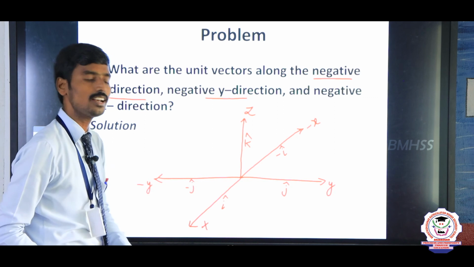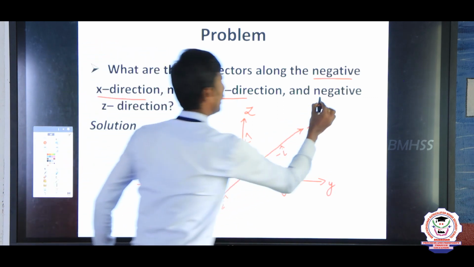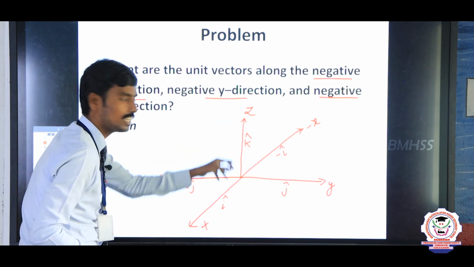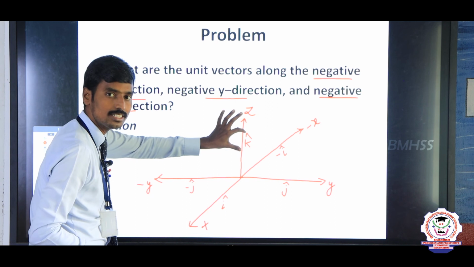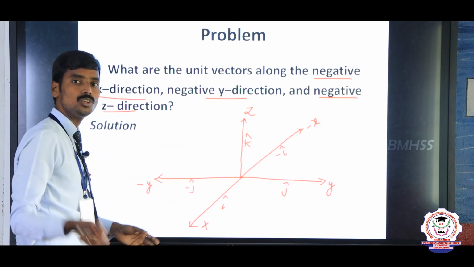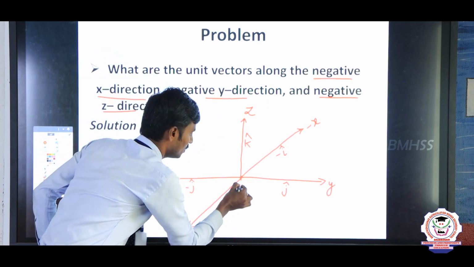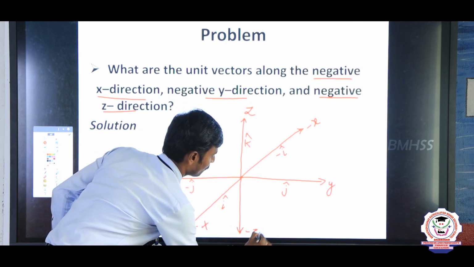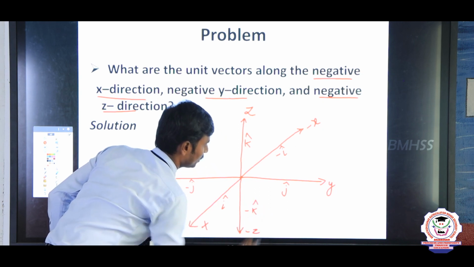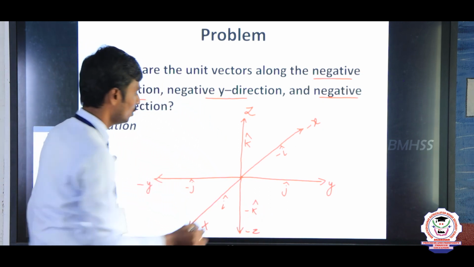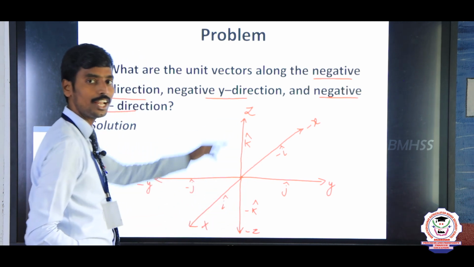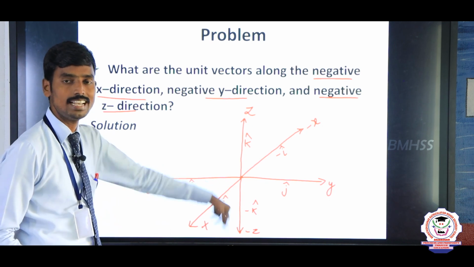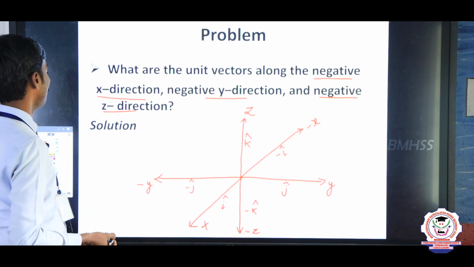Similarly, for the negative z direction, the unit vector is k cap, so in the opposite direction it is minus k cap. The negative z direction is nothing but minus k cap. Clear? This is an important problem.